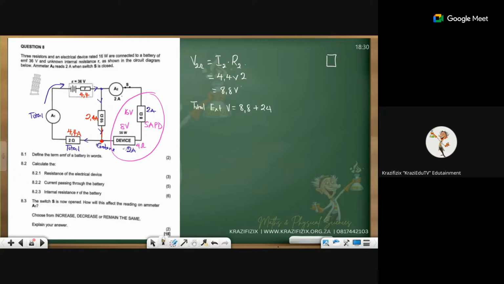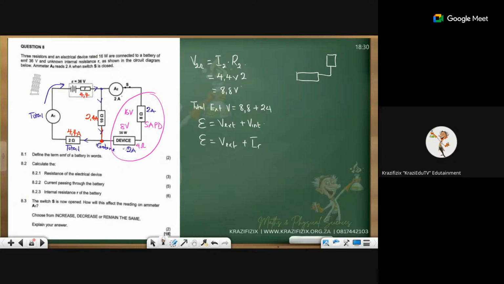Which we can combine, and then we have that.